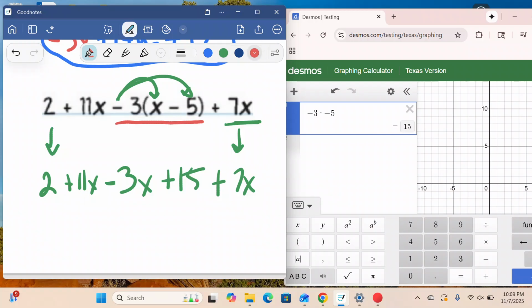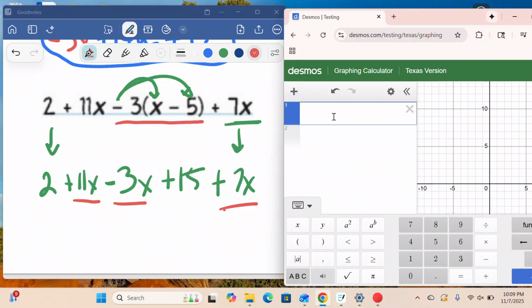So I'm going to underline the x's. I have positive 11x. I have a negative 3x, and then I have a positive 7x. But not to worry, decimals is here to help us. So all I have to do is input 11, and then you do the minus 3, and then you do the positive 7.